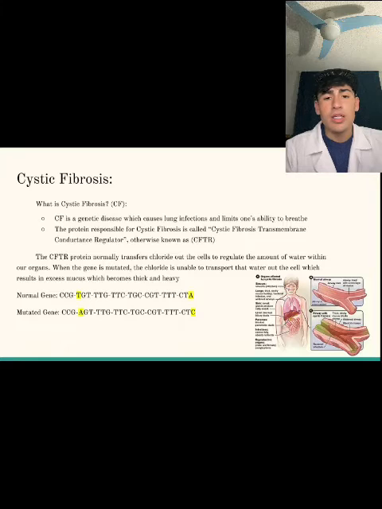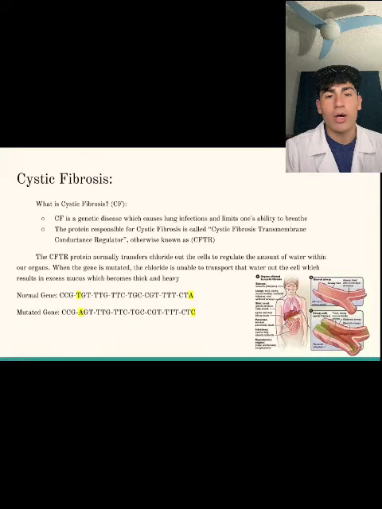Typically this protein will transfer chloride out of the cells to regulate the amount of water within organs. When this mutation occurs in the protein, the chloride will not be able to transport that water out of the cell anymore, and that will result in more mucus and then in an overall thicker and heavier organ lining and water cells.